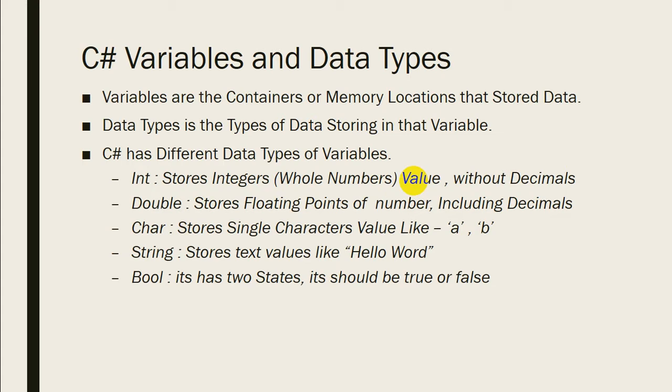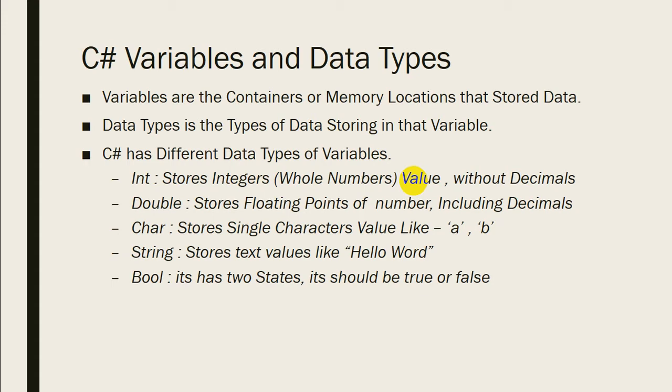C# has these types of variables. The data types used in C# are integer, which stores integer values without decimal numbers, and double, which stores floating point numbers. The character, or char, variable stores a single character value, and we use single quotation marks for it.